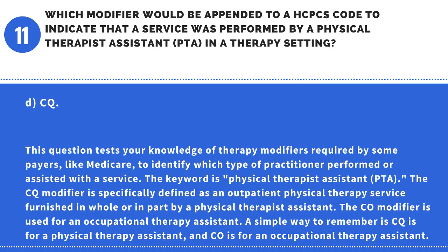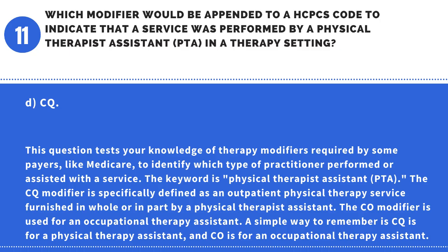Answer: D. CQ. This question tests your knowledge of therapy modifiers required by some payers, like Medicare, to identify which type of practitioner performed or assisted with a service. The keyword is physical therapist assistant, PTA. The CQ modifier is specifically defined as an outpatient physical therapy service furnished in whole or in part by a physical therapist assistant.